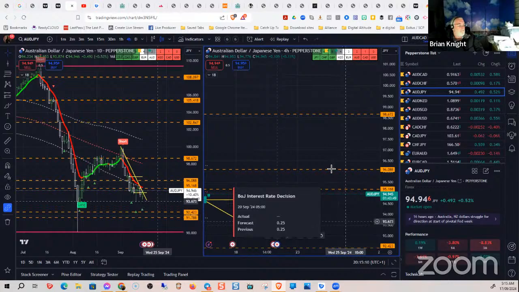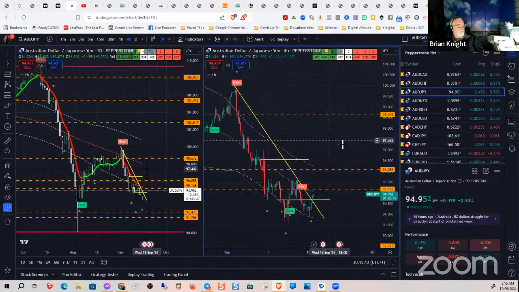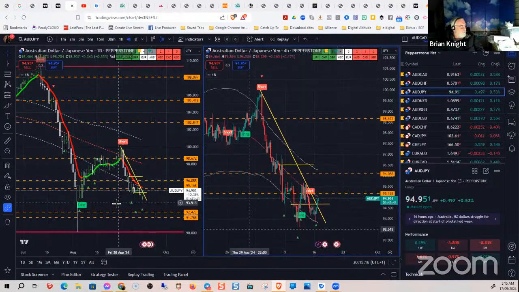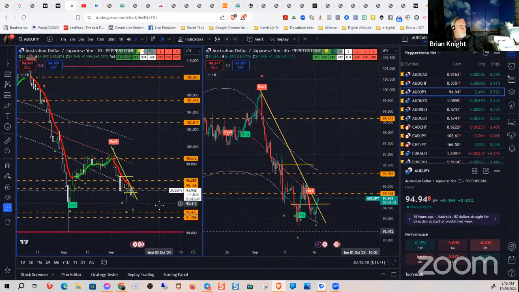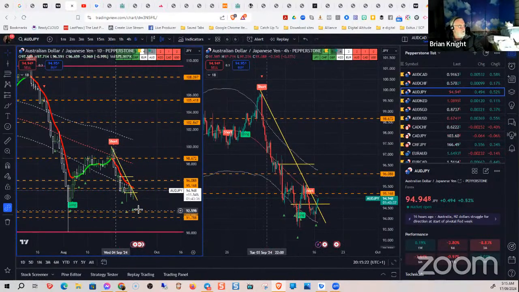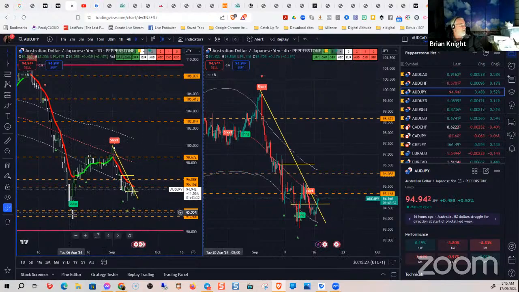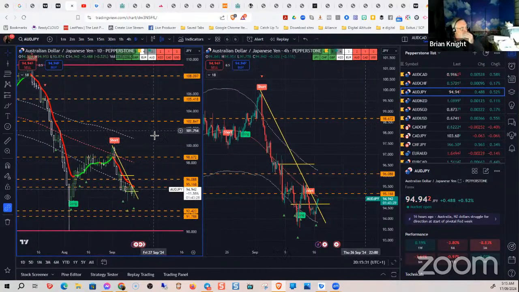Okay, Bank of Japan. It's well outside, isn't it, on the daily? And you can see what it did last time. It came out and then pushed up.